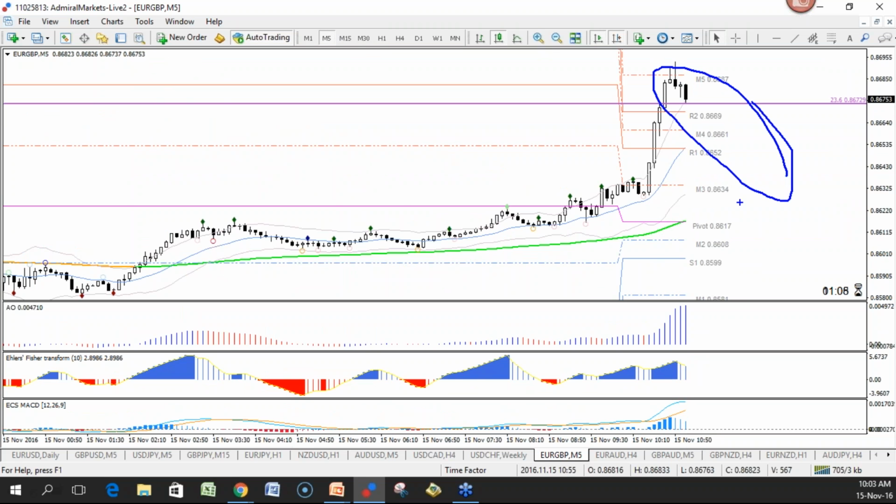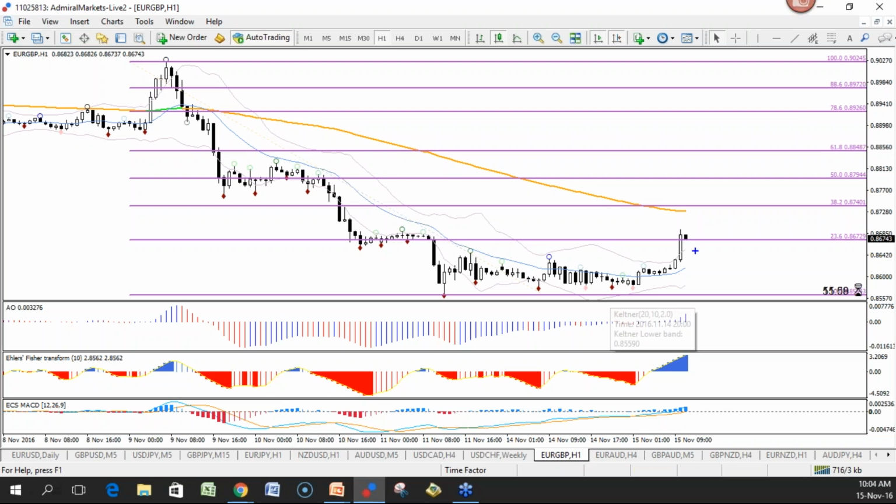I would need to see how this retracement happens. I still think the bigger upside is possible on the euro pound as these fibs are still very much targets, but I'll have to see how this retraces and then look for a bounce. I do think that is something on my watch list, but I don't think anytime soon though.